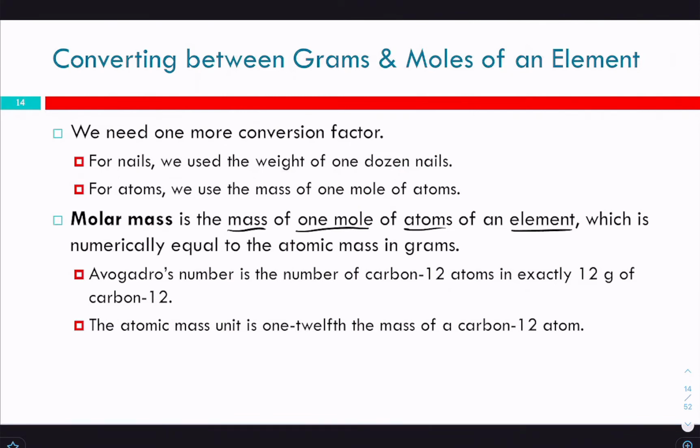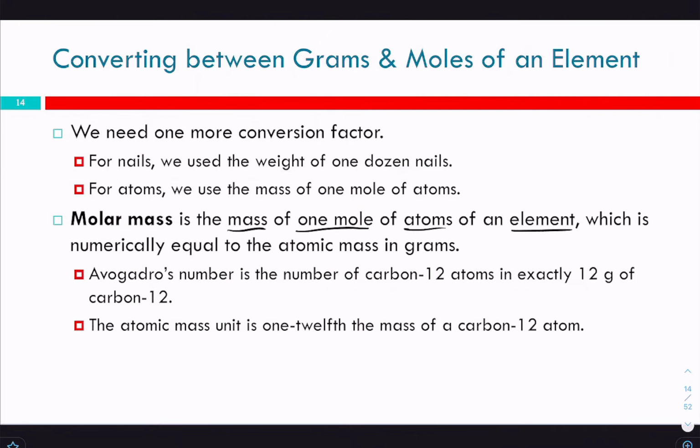So for Avogadro's number, Avogadro's number is the exact number of carbon 12 atoms in exactly 12 grams of carbon 12. So the atomic mass unit is 1/12 the mass of a carbon 12 atom. Now, the reason on the periodic table that carbon isn't exactly 12 is because, like we talked about at the end of the last chapter, there are things called isotopes.